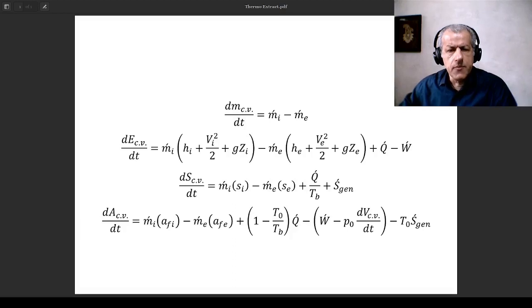Well, the next step for process 1, 2 is to simplify the governing equations, and that's very simple for these cycles since there is no mass entering or leaving the cylinder. That's how it is in the ideal cycle. So these two terms, and these two terms vanish. It's M2 minus M1 equals 0.